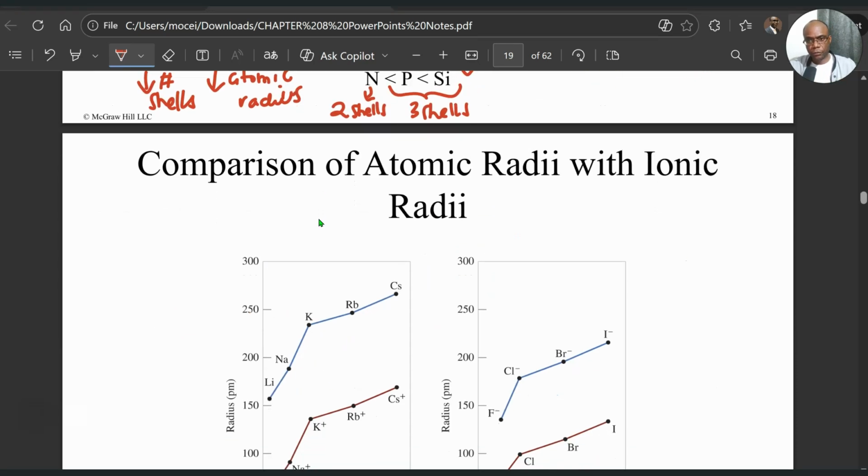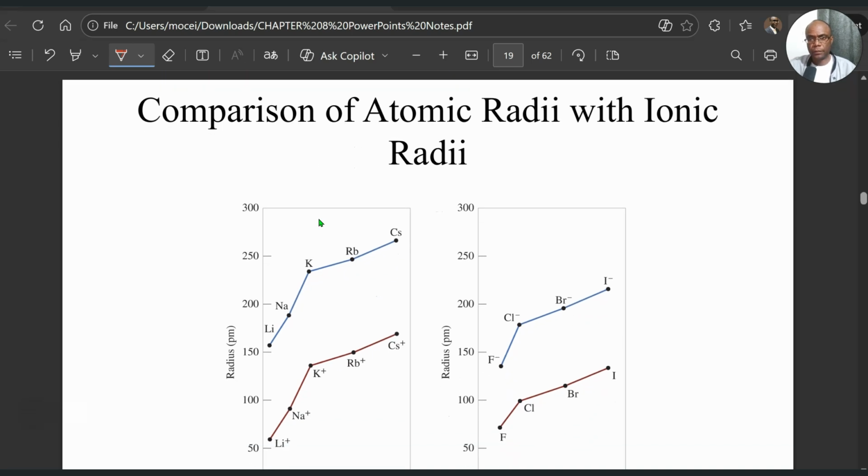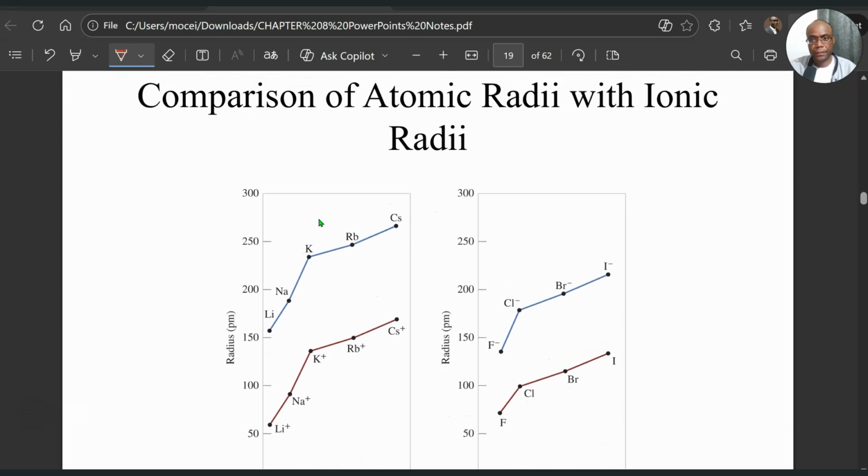Let us now do a comparison of atomic radius and ionic radius. All right, so now looking at some atoms and their ions, we start with lithium. Lithium here has atomic number 3, meaning 3 protons. If it has 3 protons, I can judge that it has 3 electrons.